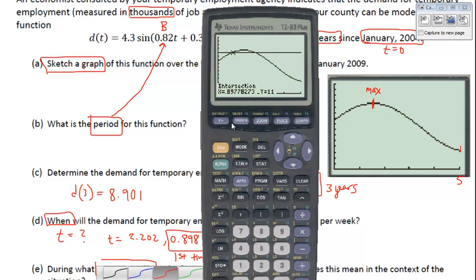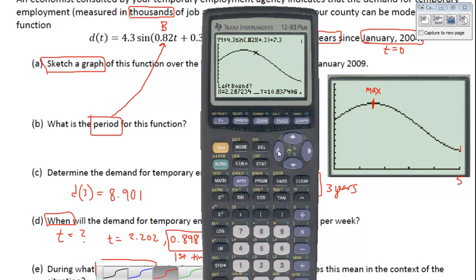So for the maximum, I'm going to take this function out of here. Second trace, max, left bound, right bound. I know it's somewhere in between here.